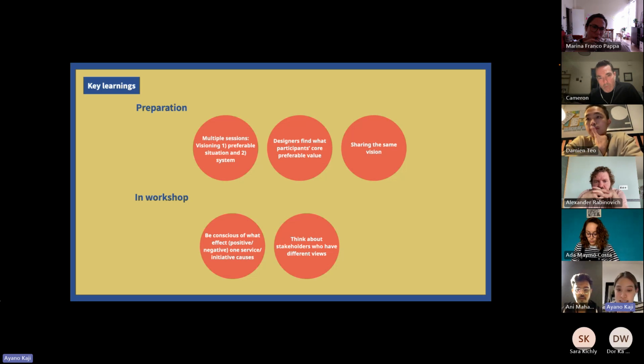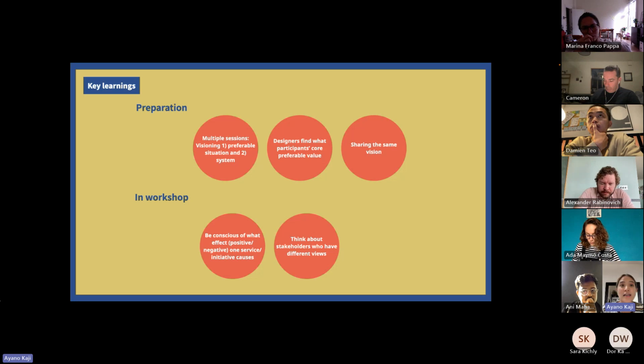First, we discuss preferable situations among participants, and the designer makes this discussion into one scenario. Then we can think about systems. When co-designing a preferable system with participants, I realized it's challenging to do both at once.